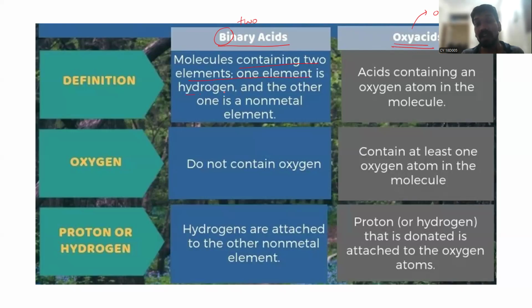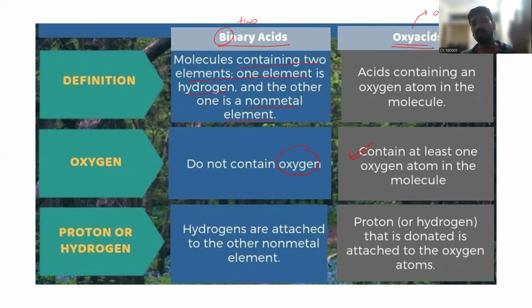One element is hydrogen and the other is a non-metal. Any non-metal except oxygen; it doesn't contain oxygen. Remember that. But in the case of oxy acid, definitely oxygen is present.